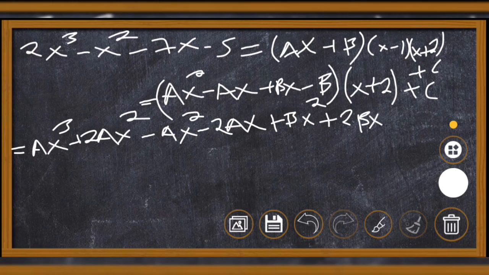Then let's come to negative b. Negative b multiplied by x, we're going to have negative bx, and then negative b multiplied by 2, we're going to have negative 2b. Then we have the constant value, which is c.